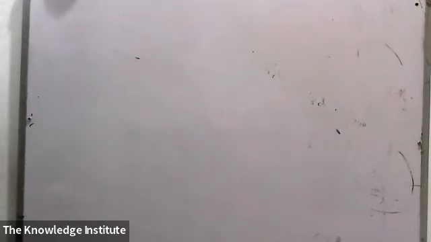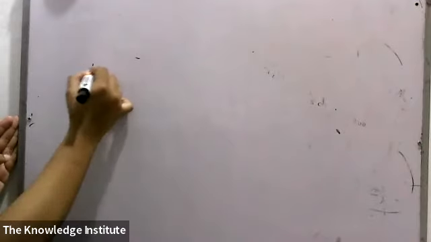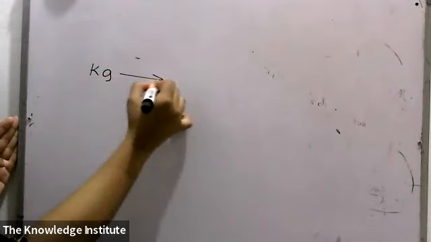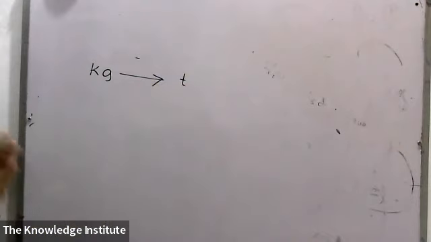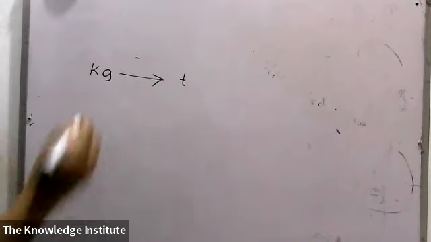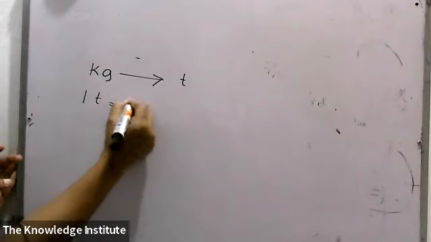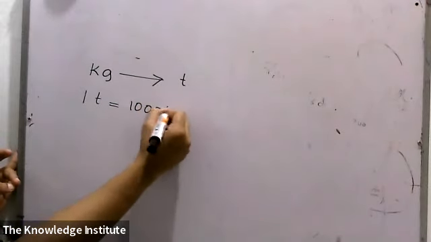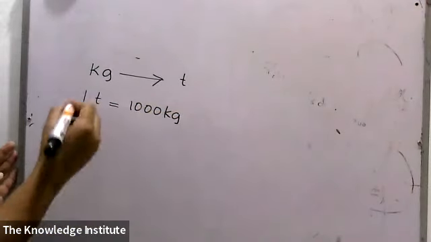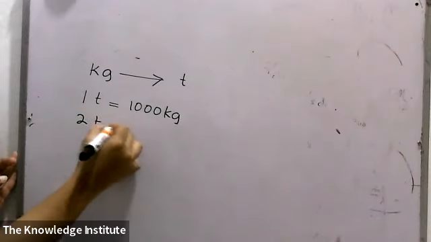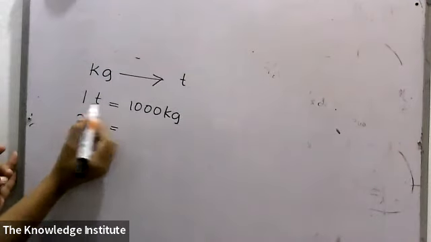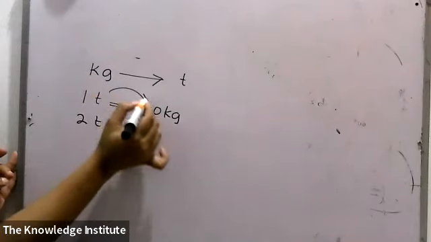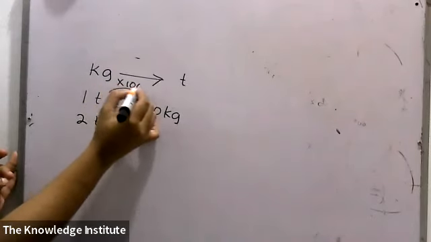Okay, let's start from kilogram to metric ton. Kilogram to ton. So what do we know? I told you that 1 ton is equal to 1000 kilograms. So if we have 2 tons, how can we convert? Between 1 ton and 1000 kilograms, how did we get this? We multiplied by 1000.